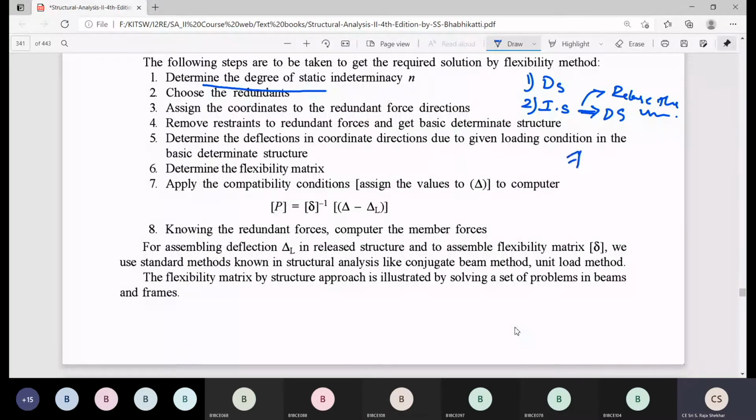Let us suppose there is a fixed beam. How to convert this indeterminate structure into a determinate structure? For this fixed beam, the degree of static indeterminacy is equal to 3.